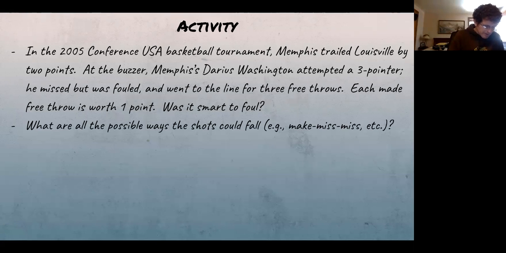Let me just put it in. So he makes all 3, and I'm going to put pluses for makes: plus, plus, plus. And he misses all 3: minus, minus, minus. Now he could make 2, which would be plus, plus, minus, plus, minus, plus, and minus, plus, plus. And he could make only 1.